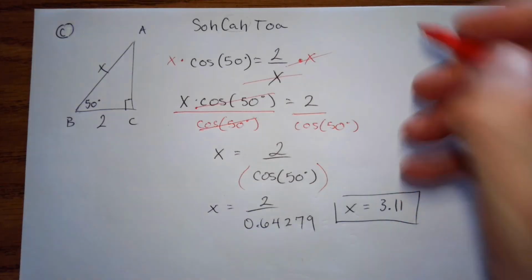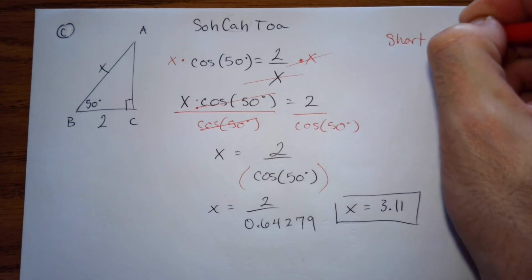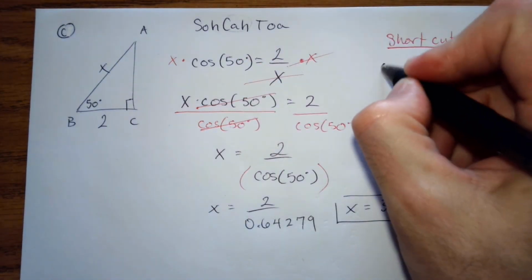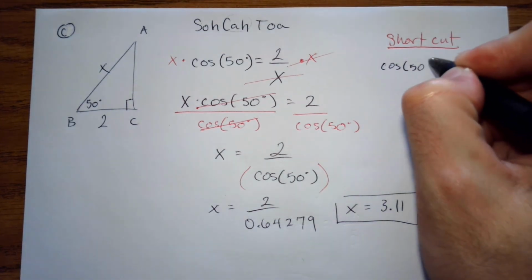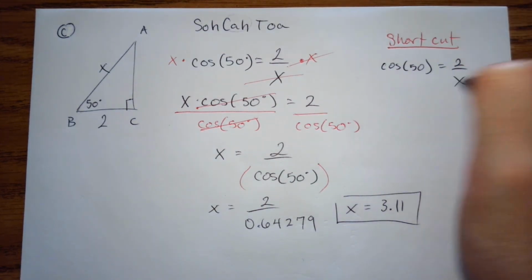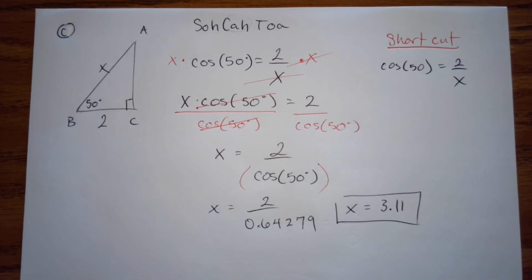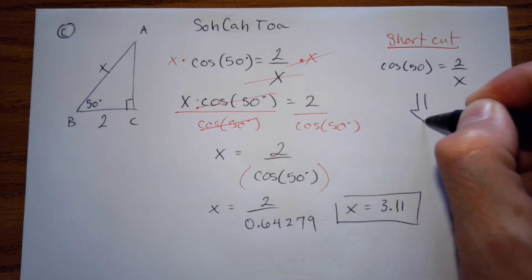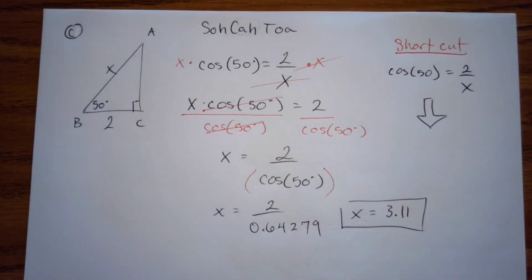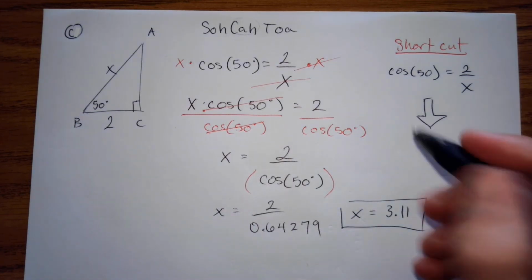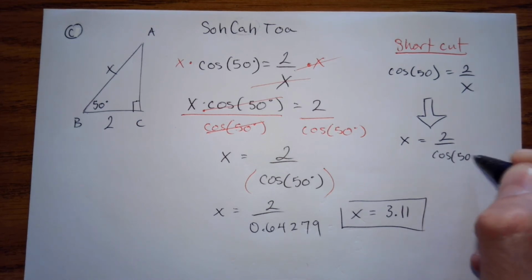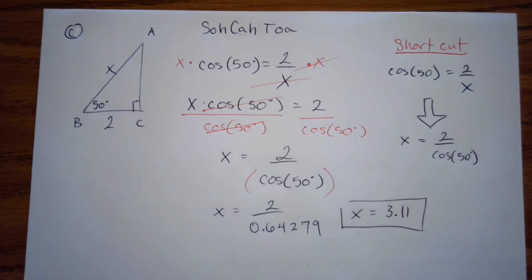All right, so the shortcut. Notice the original, which was cosine of 50 equals 2 over x. That was the original, right? That changed to this, right? Do we see that?